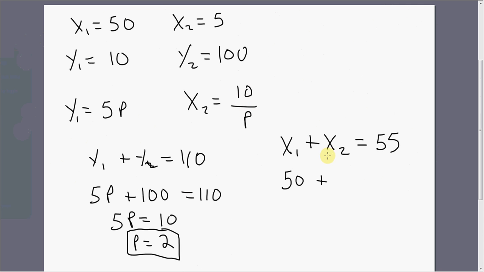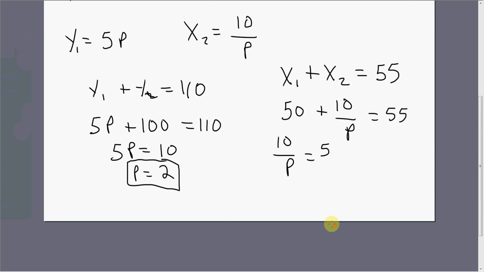Well, let's use this expression with the P in it so we can solve for P. And now we can solve this problem. And here again, P is going to equal 2. So that's how you solve one of these exchange problems with two consumers and two goods. I hope you found this beneficial.